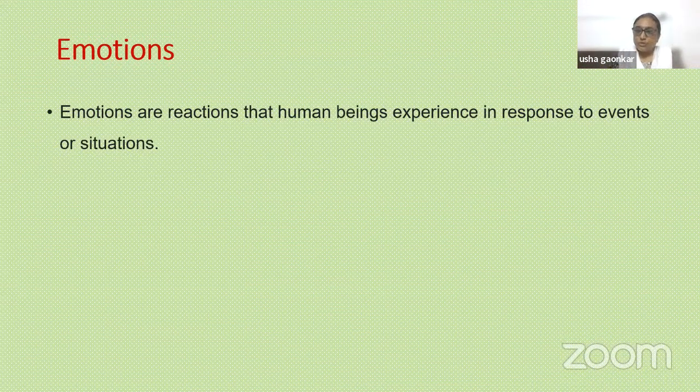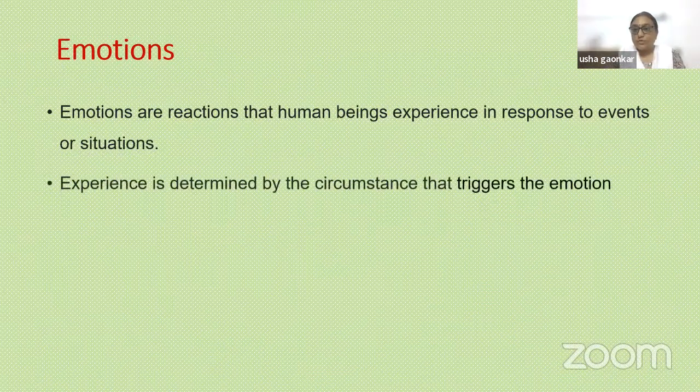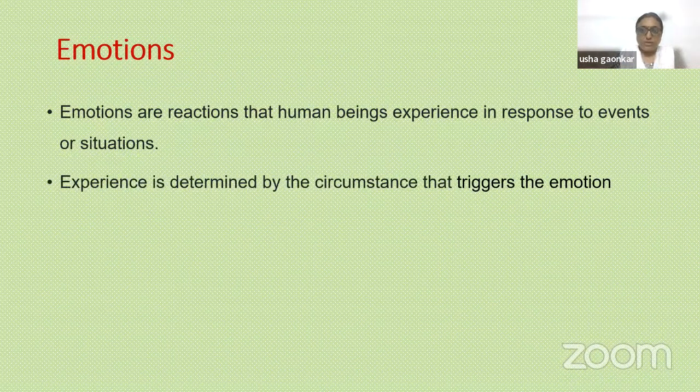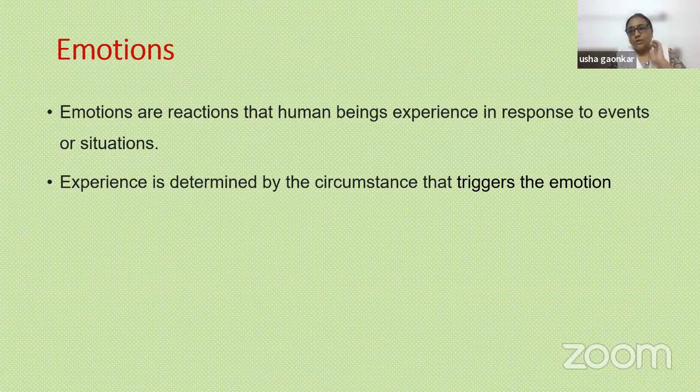And that emotion that you had was happiness, excitement. So there were a lot of things in that particular situation. So it is determined by the circumstance that triggers the emotion. This particular event was one of happiness, right? It was meeting somebody whom you loved when you were a child.